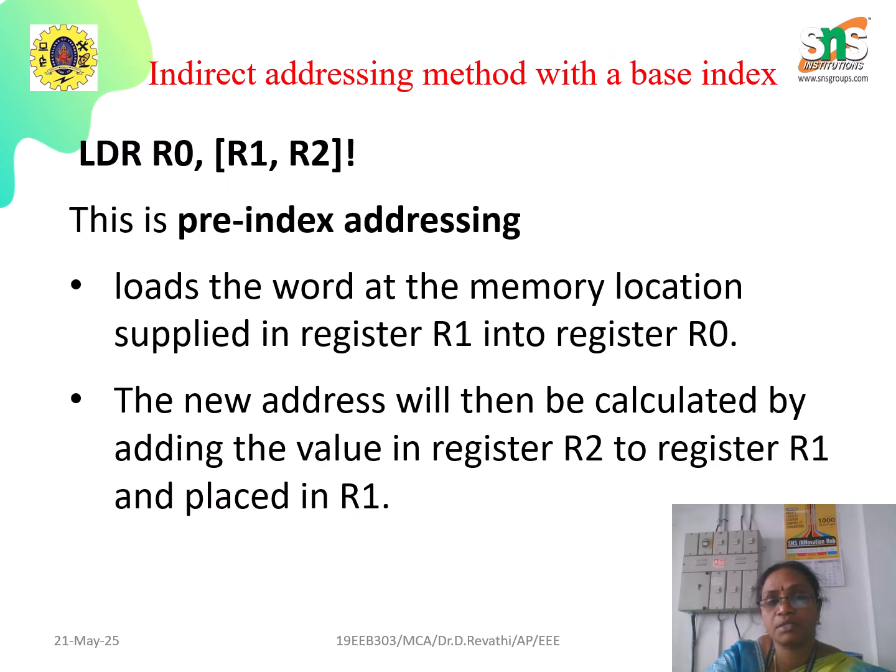For the pre-indexed version, first the data is loaded into R0. After that, the new address is created: the values of R1 and R2 are added, and the result is stored into R1. This is considered the new address.